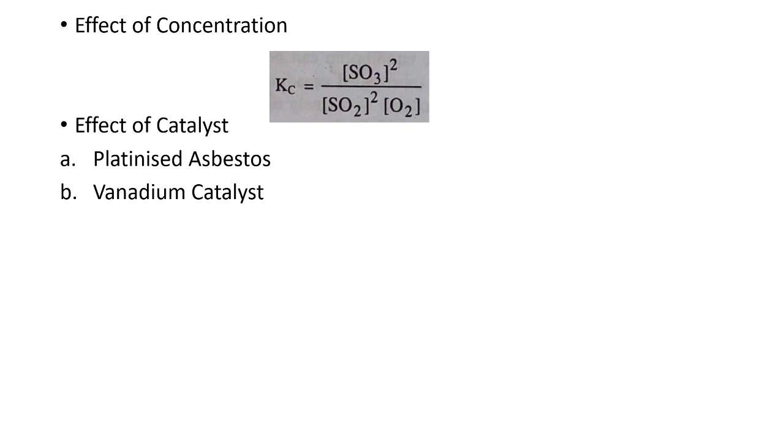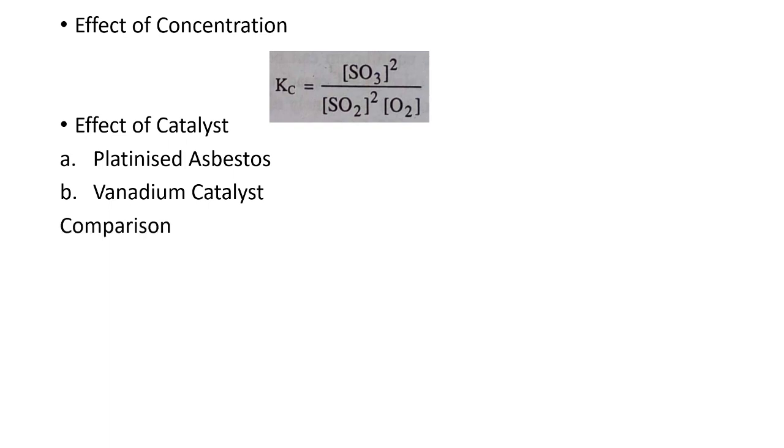There are some disadvantages of this platinized asbestos also. First of all, as I told you, platinum is very costly, so it is a costly catalyst. Second, it is difficult to handle. And third, if the reactants are not purified. We are seeing that the purifying unit removes the impurities and purifies the reactant.